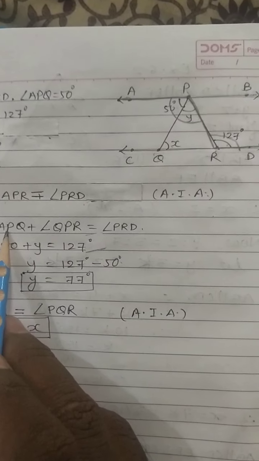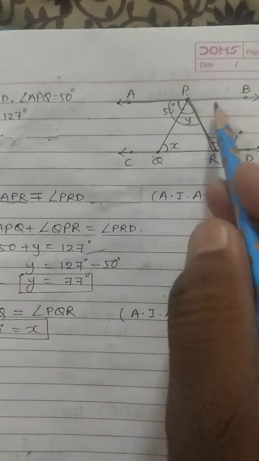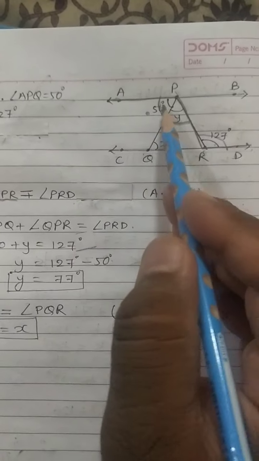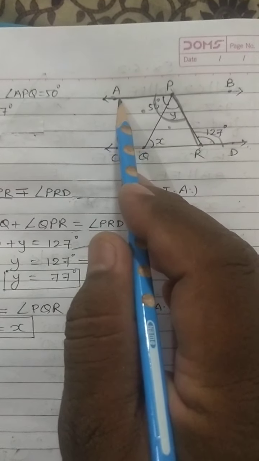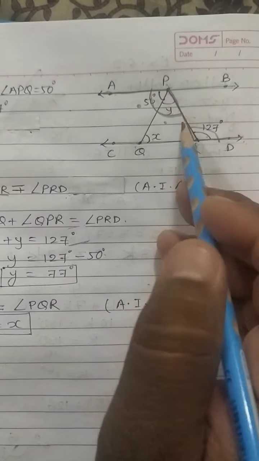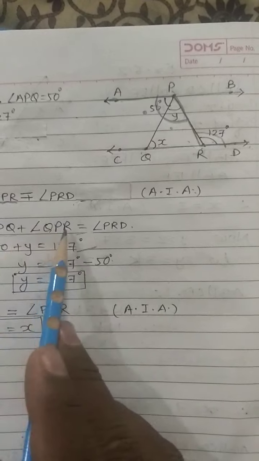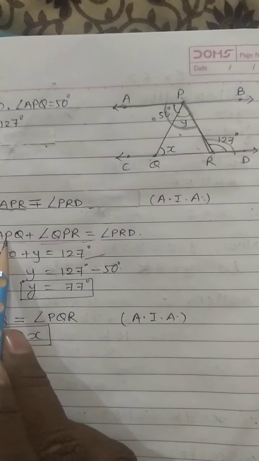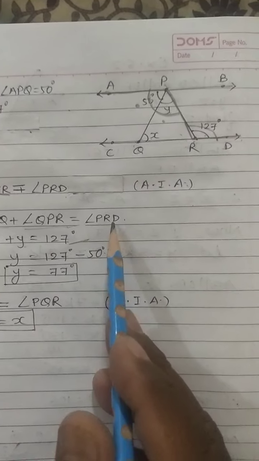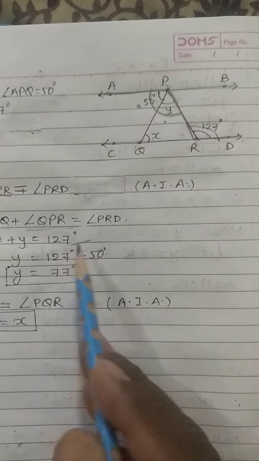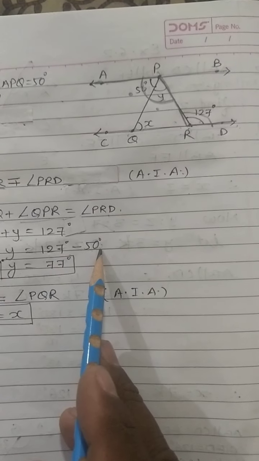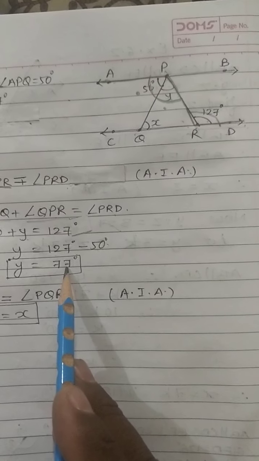Okay, so angle APR is the sum of two angles, this and this. So I can also write angle APR as angle APQ plus angle QPR. Angle APQ is 50 and QPR is your Y. Put that here, equal to 127. We have to find out Y. Send this 50 to that side. So 127 minus 50, that is 77 degrees.